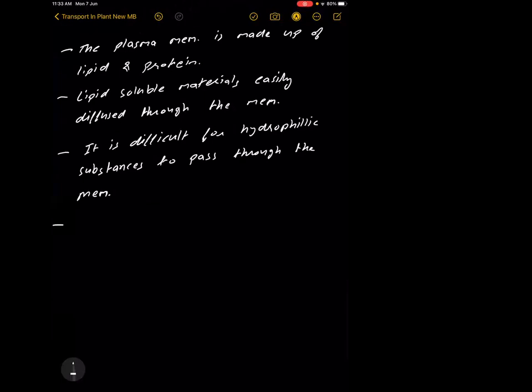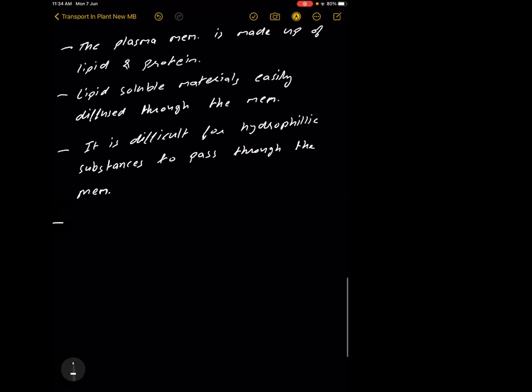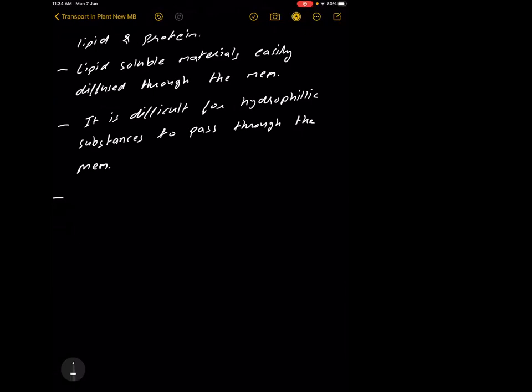Just try this: a separate layer is formed of the lipid, the oily layer, the ghee layer, the oil layer. So it is hydrophobic. They cannot form any bond with water. It is difficult for a hydrophilic substance to pass through the membrane.